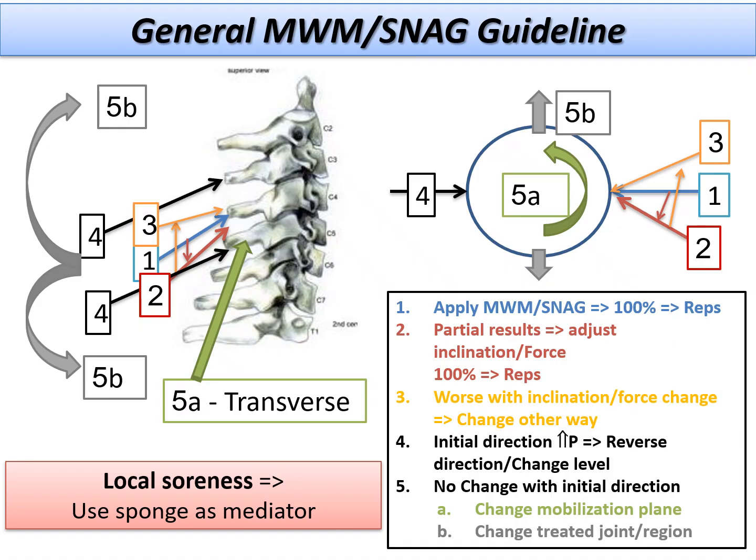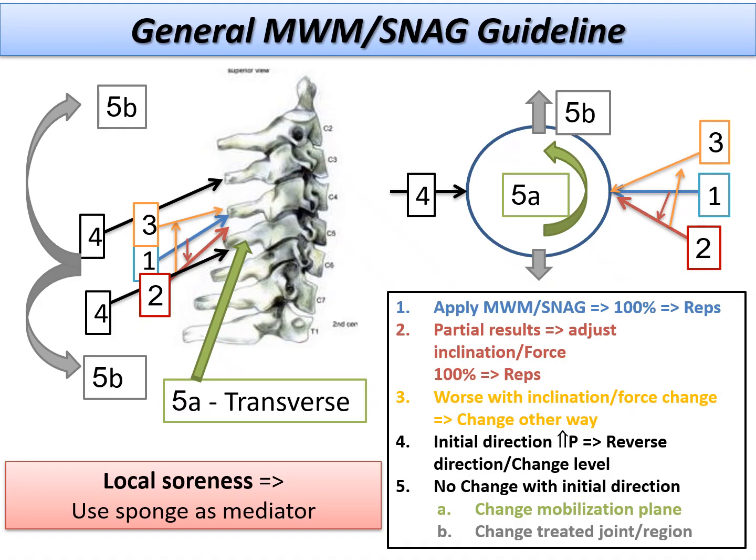If adjusting force direction, do it subtly. This is number 2. If the new direction is providing a better effect, we will continue with it. But if by changing the inclination in one way, the patient's symptoms are getting worse, then we should move the inclination the other way. That will be point number 3. If the patient's response to direction number 1 is increasing symptoms, we should reverse the direction of force to the opposite one.